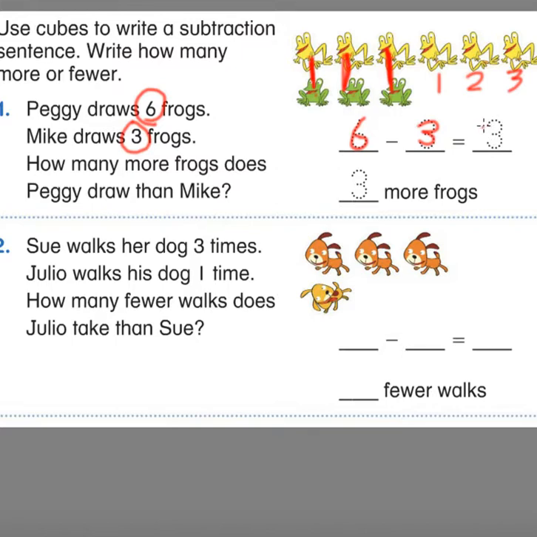So 3 frogs don't have friends. So that means that the difference is 3. Peggy was drawing 3 more frogs than Mike. Let's fill in this other number 3. 3 more frogs. That's our answer.